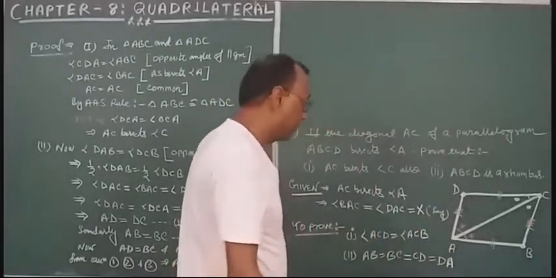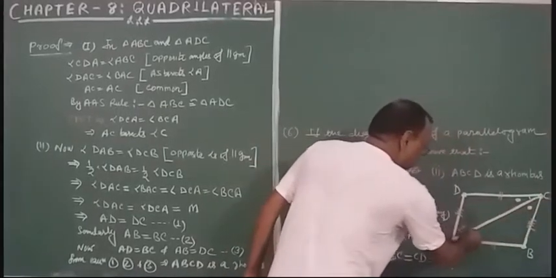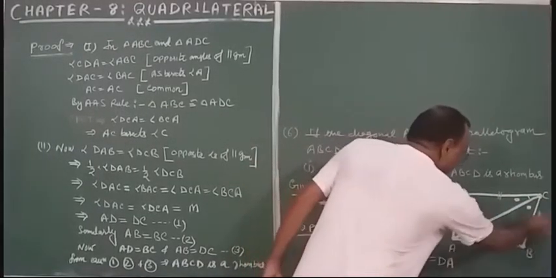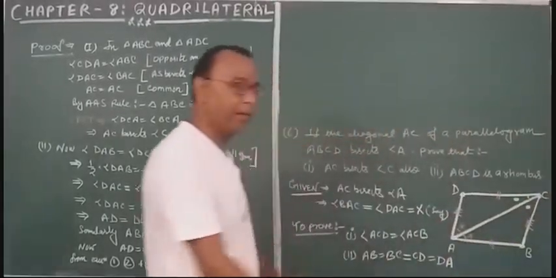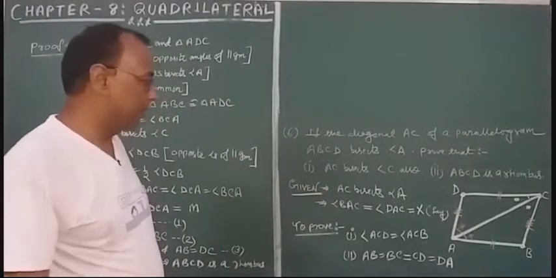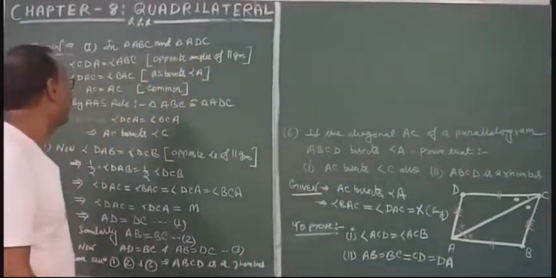Now just look here. Look at these two triangles, ABC and ADC. There are two triangles, ABC and ADC. Now what is the first thing?